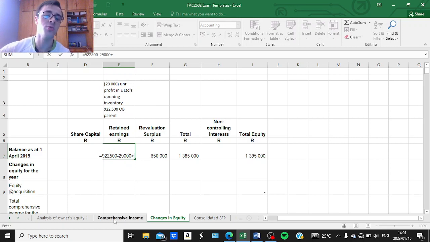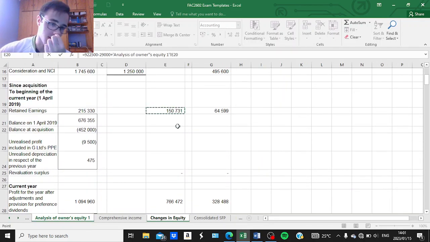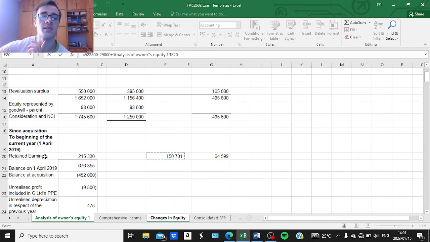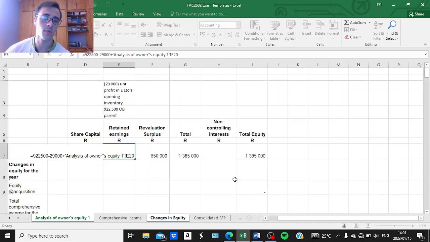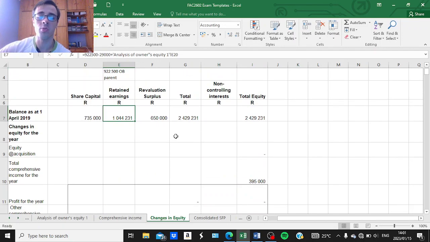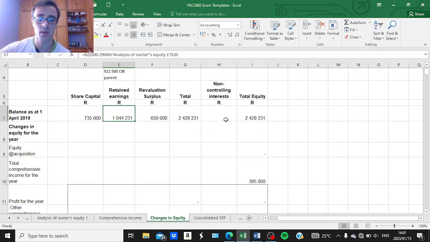And then we need to add this amount right here: the parent's share in the subsidiary's retained earnings since acquisition to the beginning of the current year, which was 157,31. This will give you 10,44231 as the opening balance for the retained earnings column.